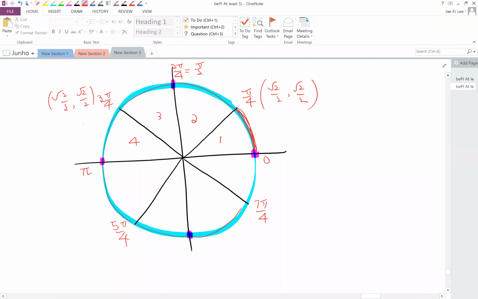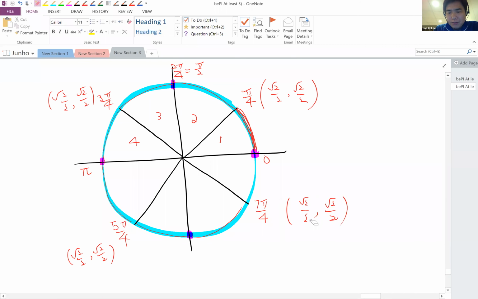Why is it √2/2 when the previous one was over 3? Because this is an isosceles triangle case, and using the Pythagorean theorem we found the value. The last one had 3 pieces from 0 to 90 degrees, that's why it's over 3. This one is 2, that's why it's over 2. Now we need to figure out the sign.